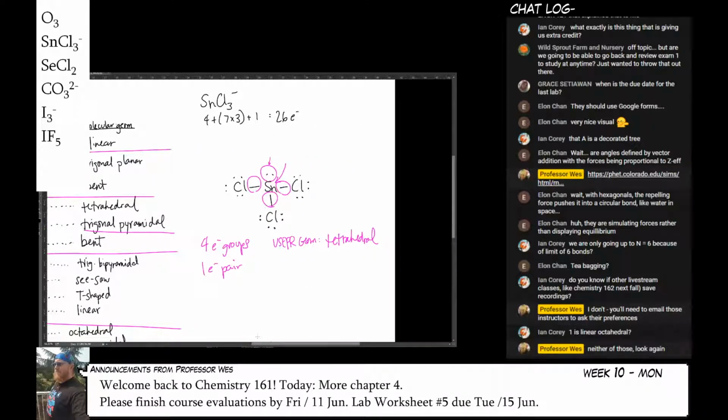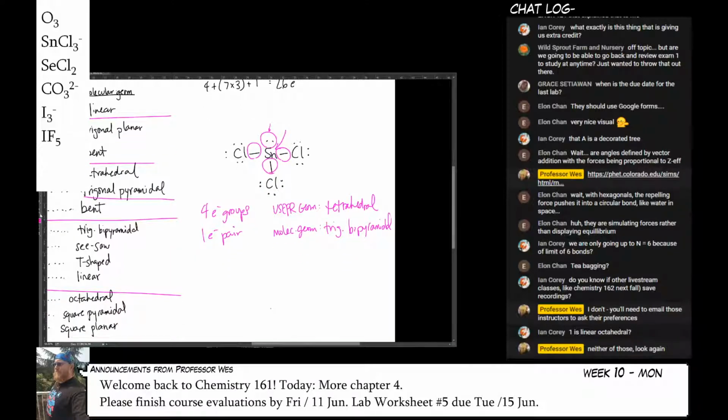Trigonal pyramidal. So now we can redraw it in the correct way so that it looks more trigonal pyramidal. There you go.